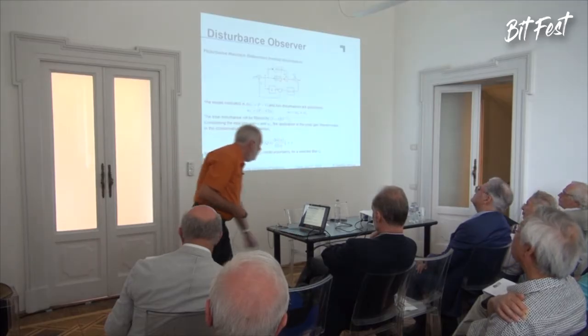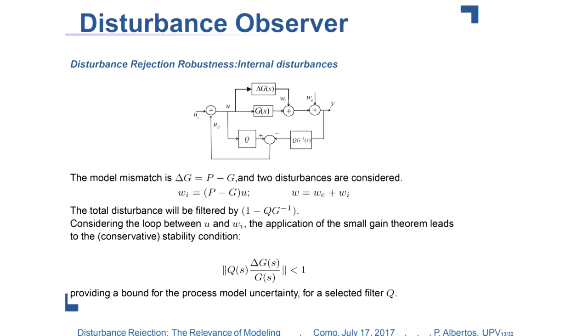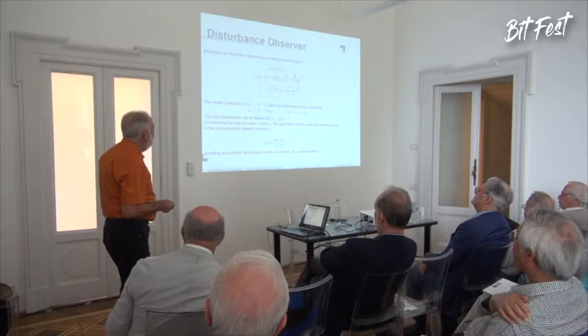One interesting question is what happened with the internal disturbances? We can consider the internal disturbances as a mismatch in the model, and then this mismatch can be expressed as the difference between P and G. And then if we apply the small gain theorem between this point and that point here, we realize that the system with this loop as before is stable as far as this condition holds.